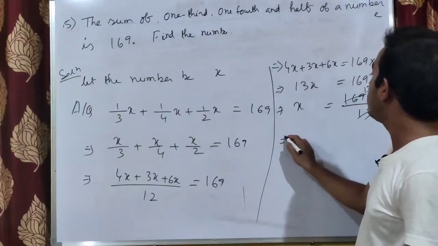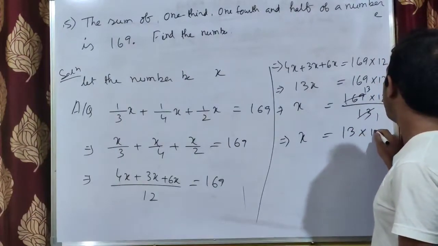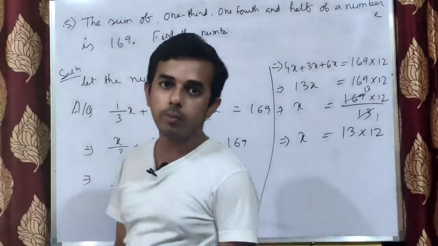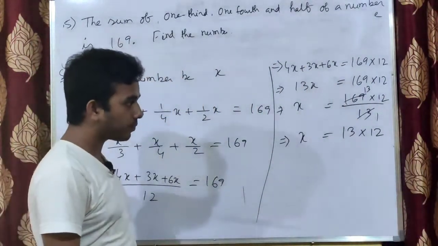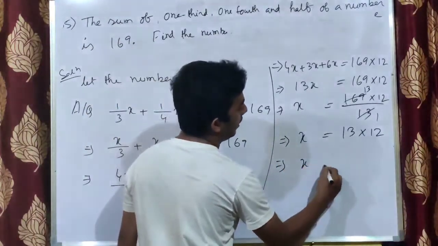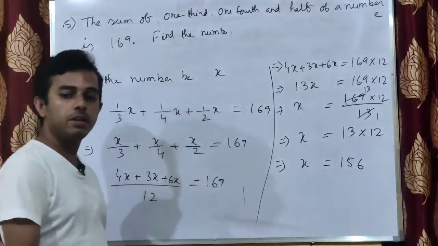So now x equals 13 into 12. 13 into 12 is 156, so x equals 156, right?